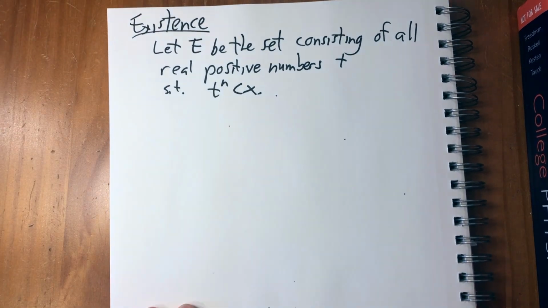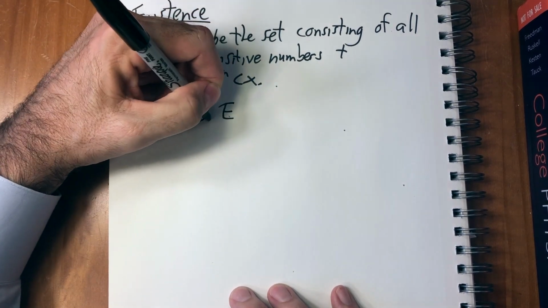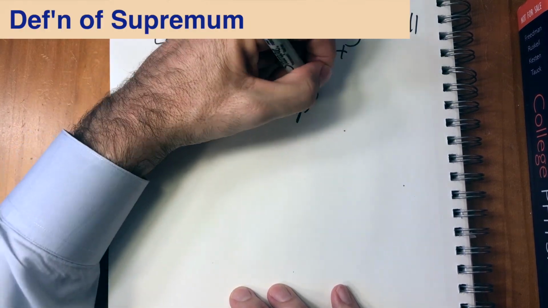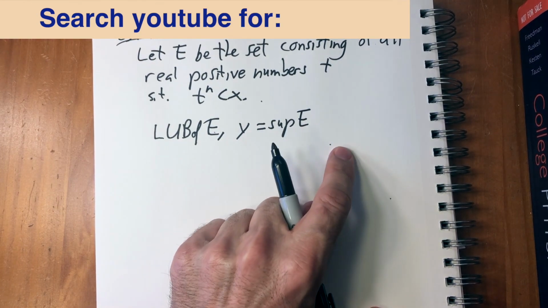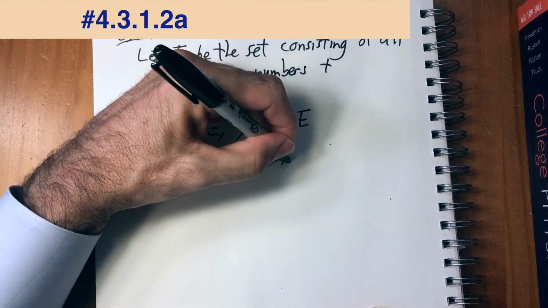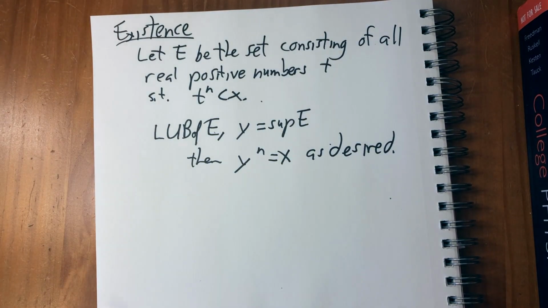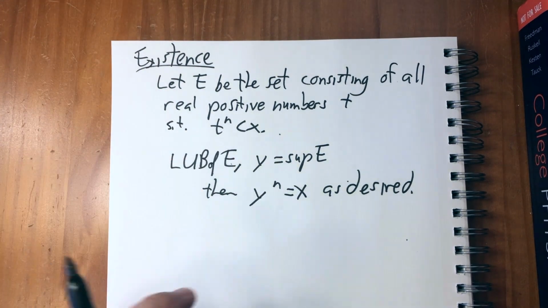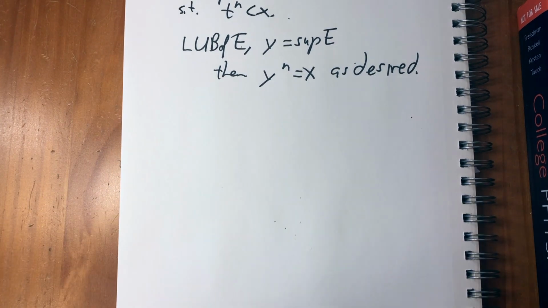What we're going to show is that the least upper bound of E, y equals sup E, is in fact the nth root of x, then y to the n equals x, as desired. Okay, so we start with this set. We have to show that it's going to have a supremum, and that supremum will in fact be the nth root of x. So to do this, now it gets involved.